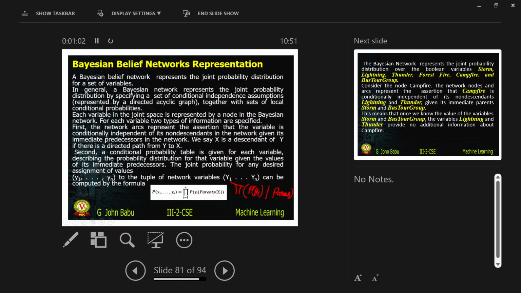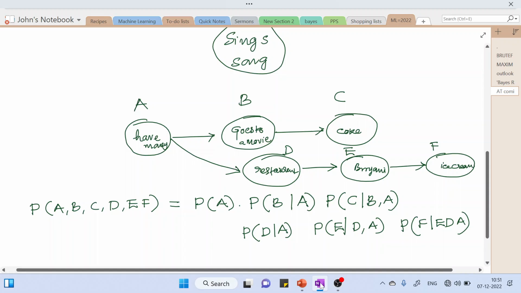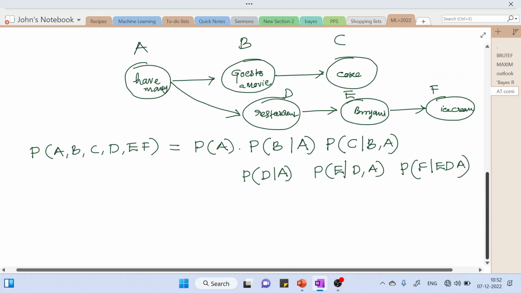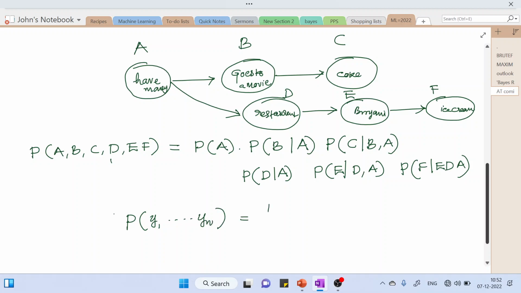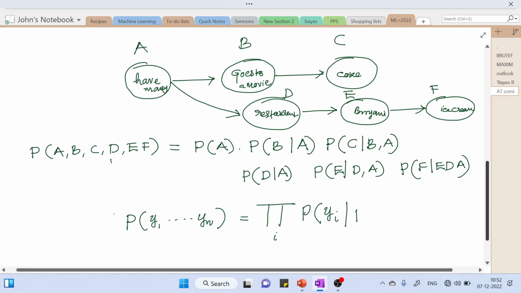That's what we have written here, right? The probability of occurring all the events y1, y2, yn is the product of all the probabilities of yi given the parents of yi.